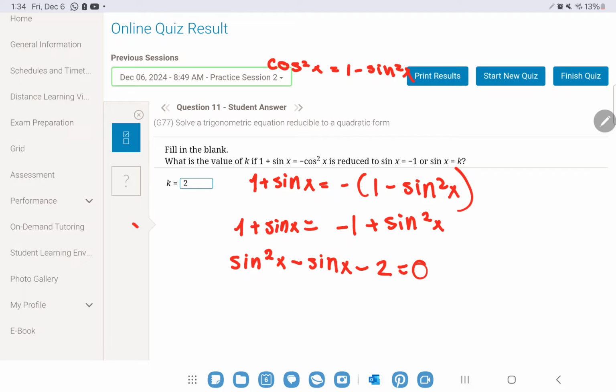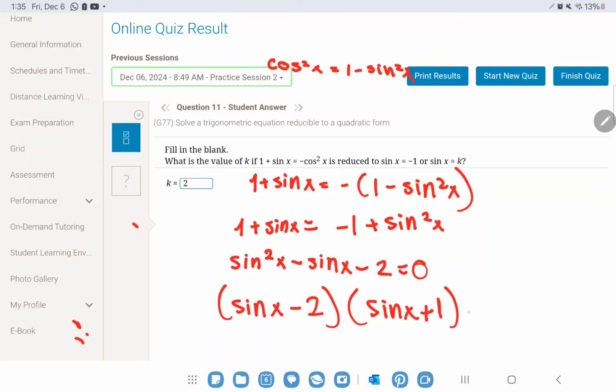So now we do the same thing, we factor. So (sine x minus 2) times (sine x plus 1) equals 0. Let's see if it's correct.